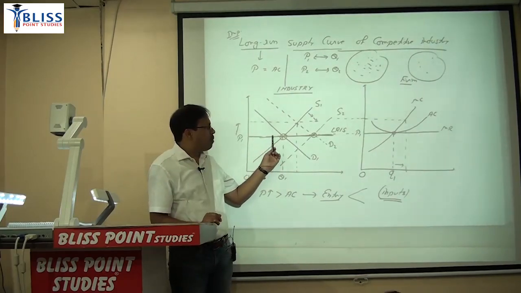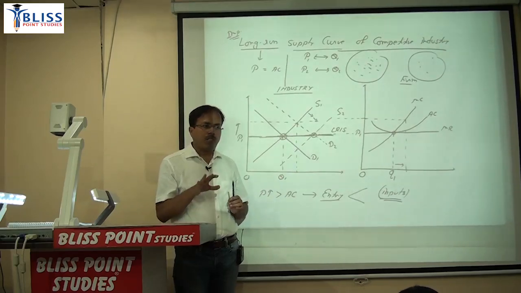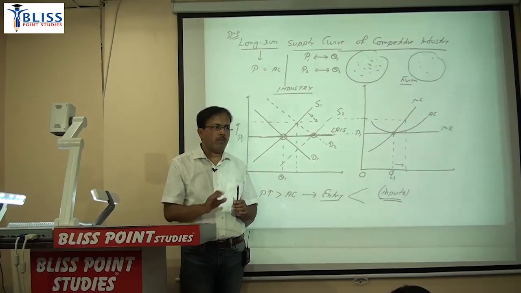Why is the firm able to produce and supply more at the same price? Because the cost remains the same, so it is possible for them to supply and produce more at the same price.